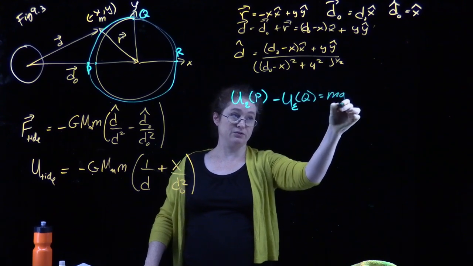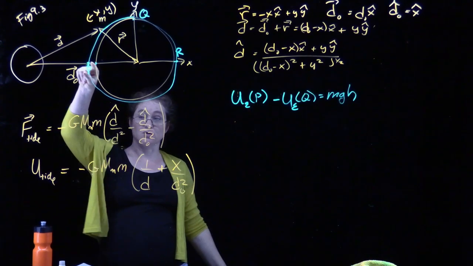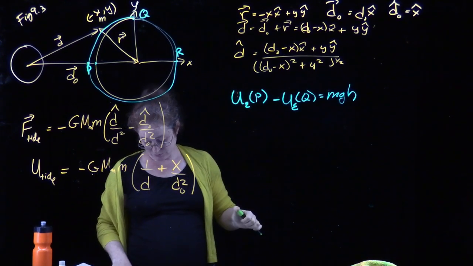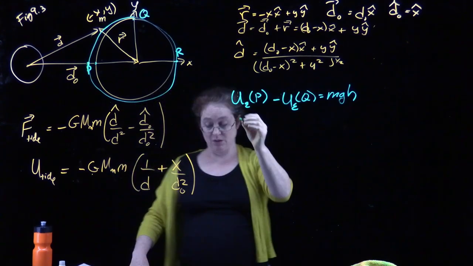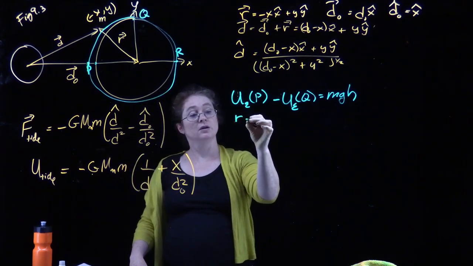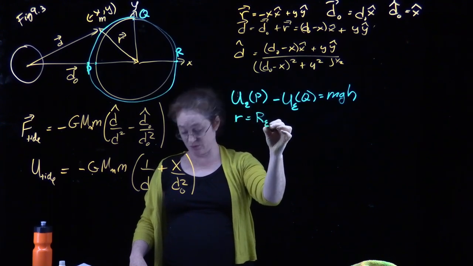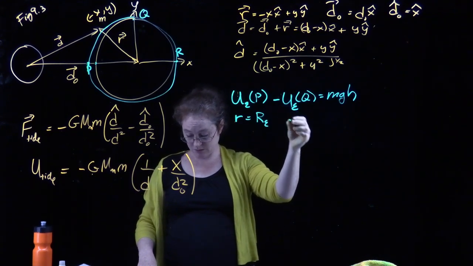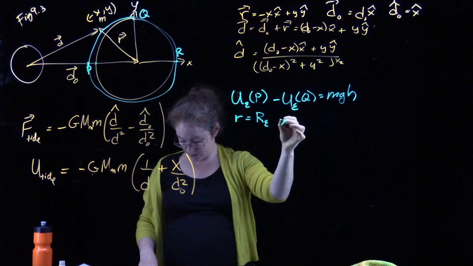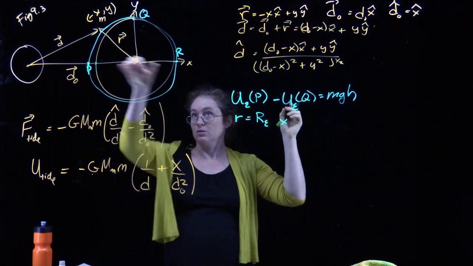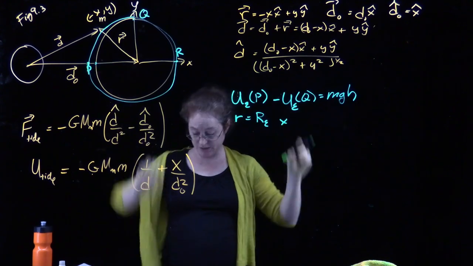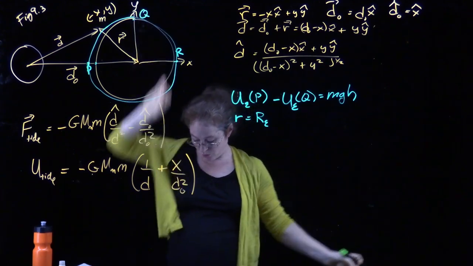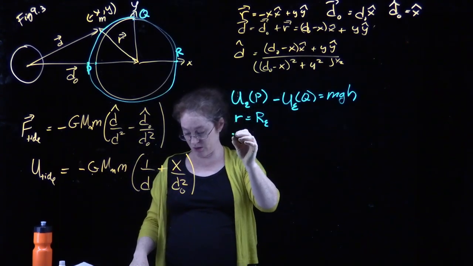So you have a potential difference of mgh just due to gravity, and that has to equal the tidal force. Now, when we consider radii close to the radius of the Earth, and then we will consider where we are roughly along the equator, roughly perpendicular to above the pole, there.